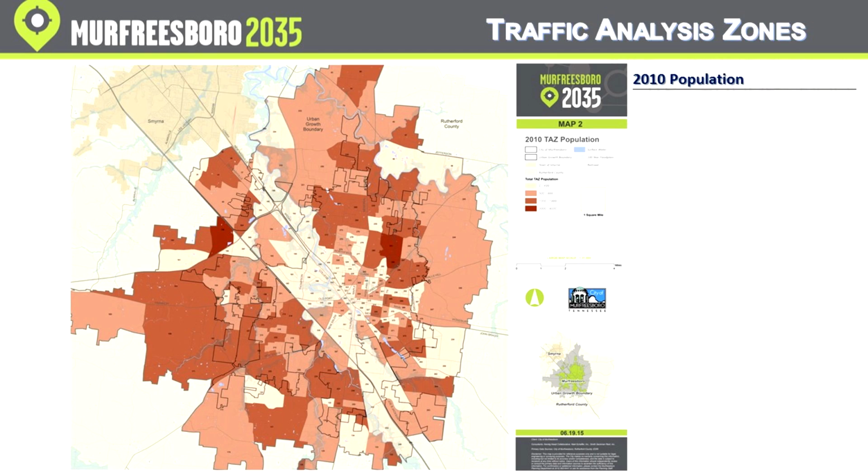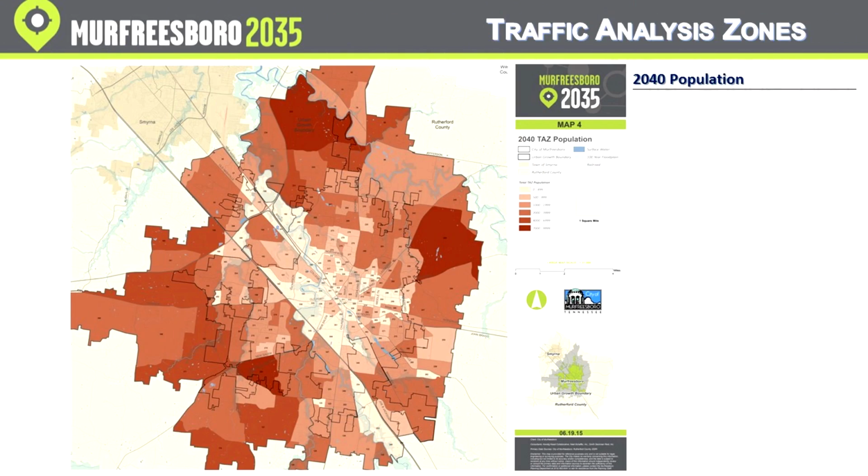Here is your MPO's 2010 population data. They identified where they thought you were going to have the most growth within the various TAZs. And so the darker red or rust-colored TAZs represent your highest growth areas. Now let me just show you what they were proposing for 2040.